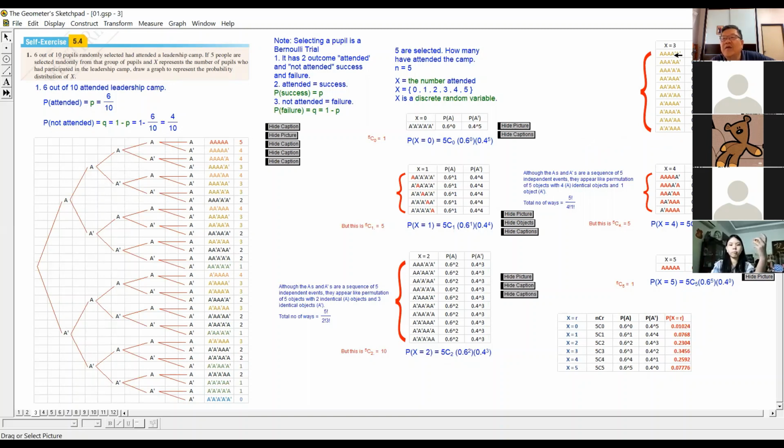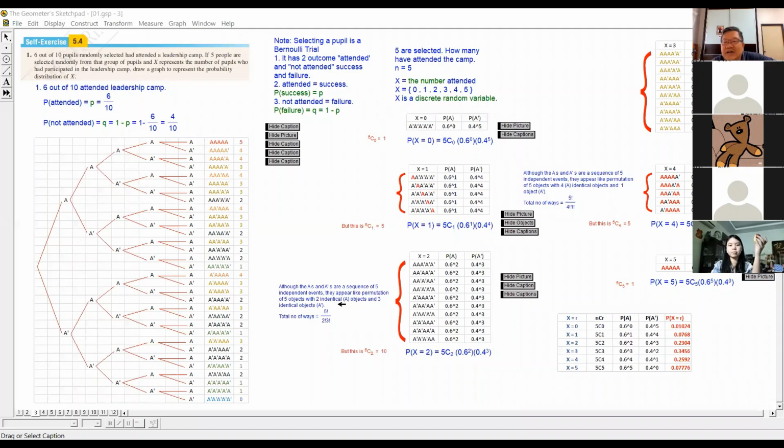This one, can you tell me what is the probability of X equals to 3? Any other girl want to try? 5 choose what? 5C3, correct.